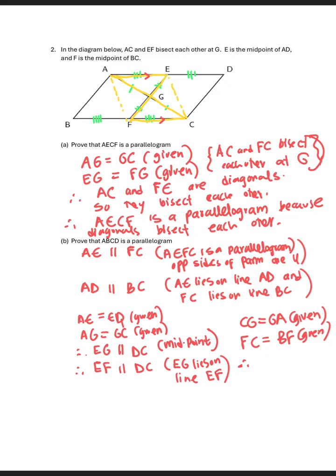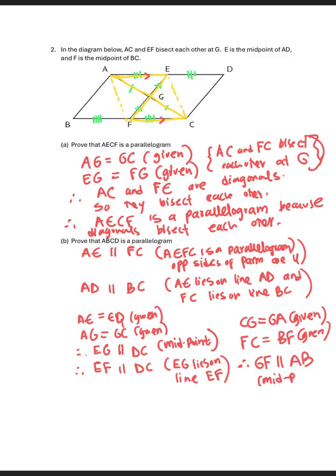Therefore, it means that GF is parallel to AB, right? Reason?